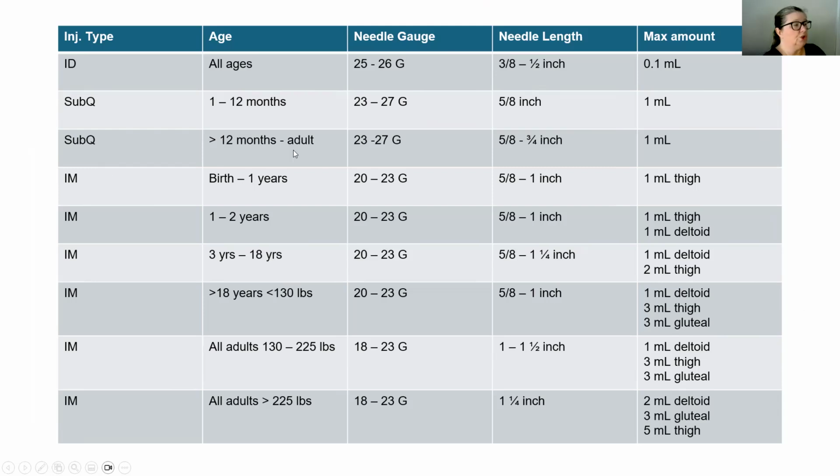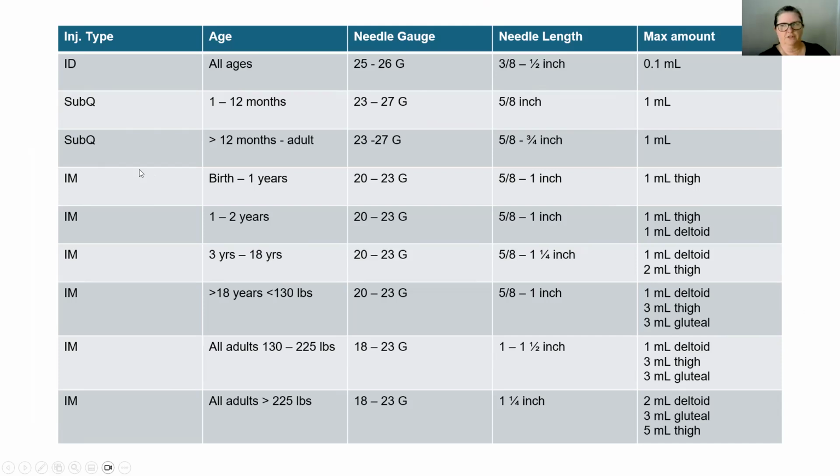For anybody older, so toddler to adult, same gauge of needle, same length, pretty much. You can go up to a 3/4 inch. And the max amount is going to be 1 ml.